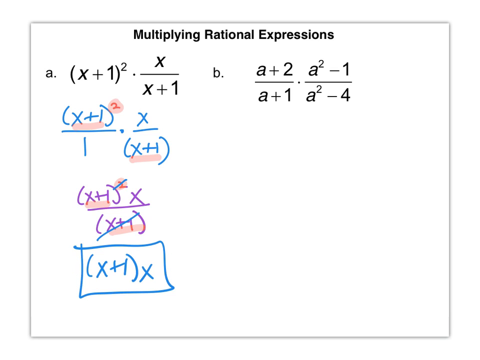We have a plus 2 over a plus 1. This first rational expression cannot be factored further, so we can write it as a plus 2 times a plus 1. The numerator of the second rational expression, a squared minus 1, that's the difference of 2 squares.